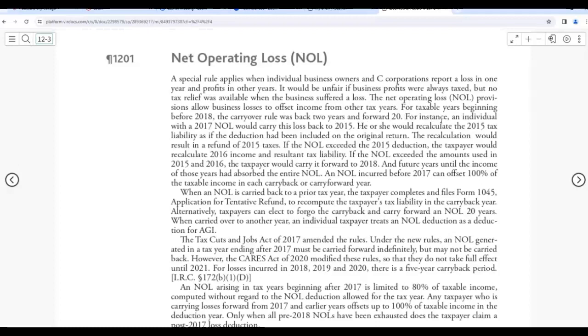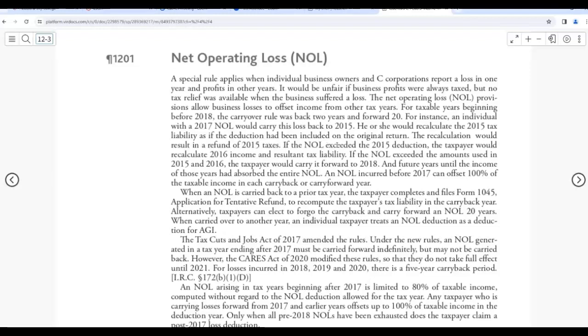For instance, an individual with a 2017 net operating loss would carry this loss back to 2015. We said 2 years, right? So 2015. He or she would recalculate the 2015 liability as if the deduction had been included on the original return. The recalculation would result in a refund of 2015 taxes.